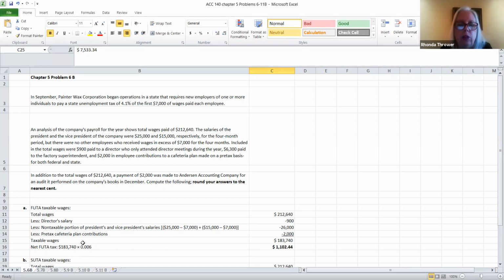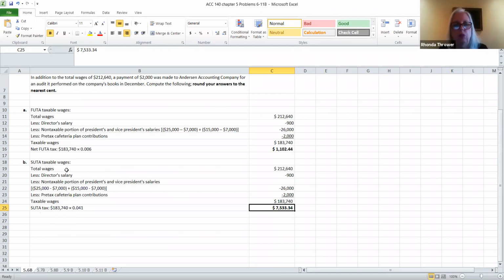And so the remainder of that is 0.6%. So the net FUTA tax rate is 0.6%. That would be multiplied by the wages that were subject to FUTA taxes, which was $183,740. And this will give you the amount of the net FUTA tax that this company owes. The amount is $1,102.44.